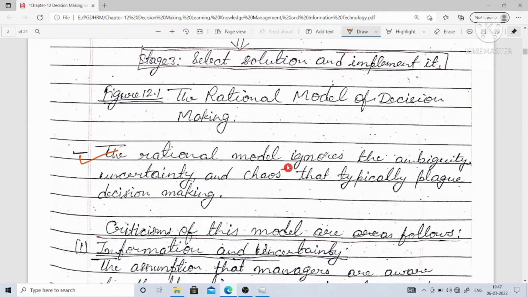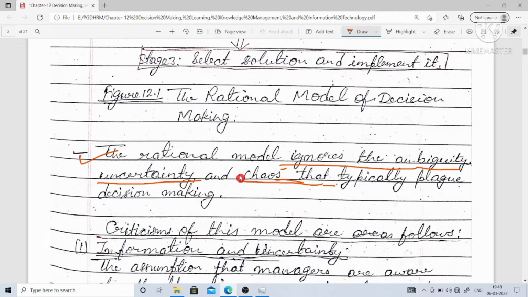We know there are ambiguity, uncertainty and chaos. All these things are present in the environment when managers make decisions. So how can managers overcome such problems?